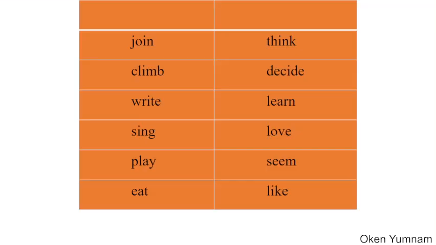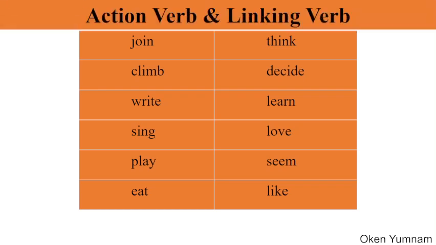Now let's have a look at this table. You look at the words on the left side: join, climb, write, sing, play, and eat. They all give us action. Whereas those on the right, they show us no action. The action is not visible. So we have two kinds of verbs here. One is action and one is linking.